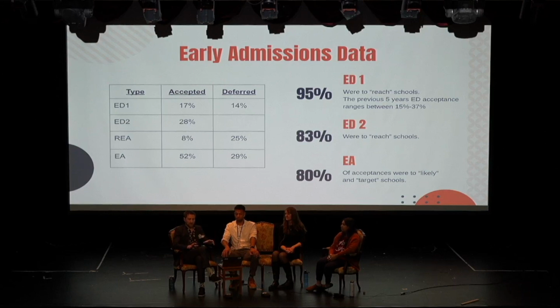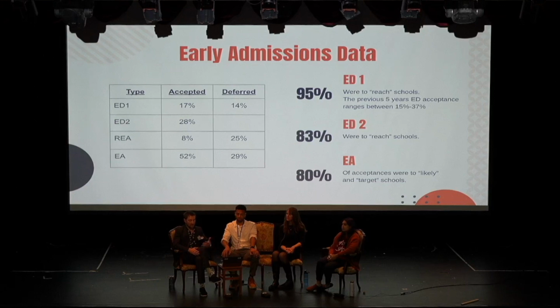There's a bunch of numbers up there. And the first thing to say is this is pretty much in line with almost every year. As you can see on the right side over here, if we start with ED1, over the last 5 years, we've seen acceptance rates range from 15% to 37%.